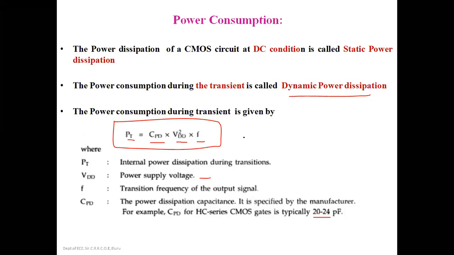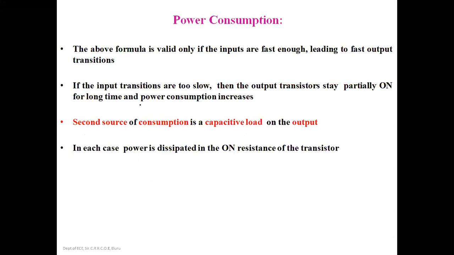But consider the second condition, where the input transitions are too slow. The output of the circuit changes according to the logic value at the input, 0 or 1. So if the inputs are fast, the output also changes fast, switching quickly between the states.